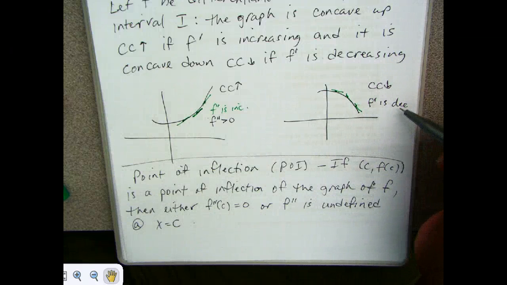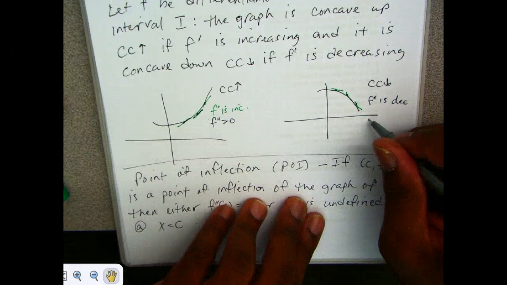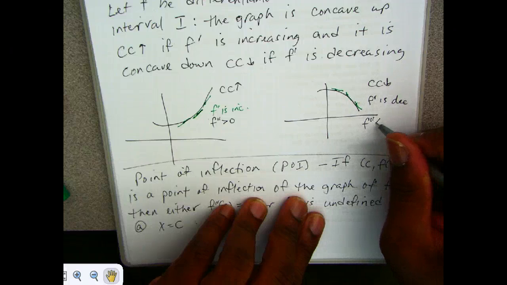If f prime is decreasing, then that implies that f double prime is less than 0.